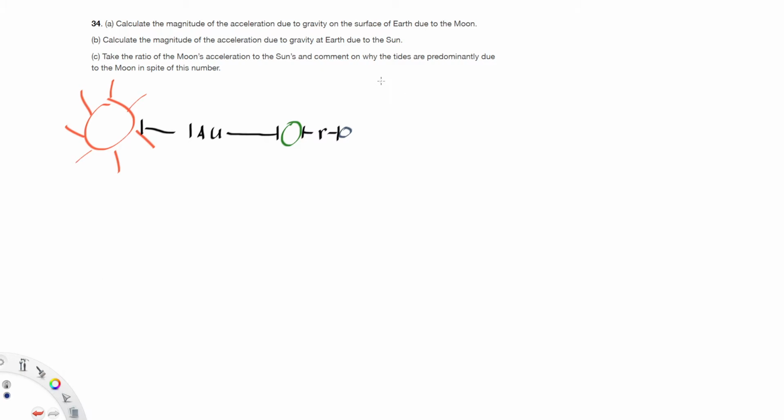So remember, our general force of gravity is equal to the gravitational constant times the product of the two masses in play, divided by the square of the distance between them, and then the negative sign to show that it's an attractive force.